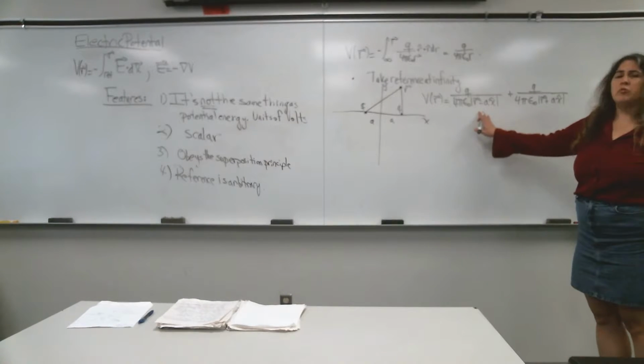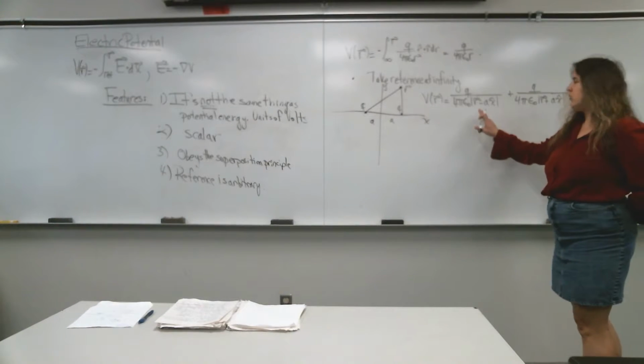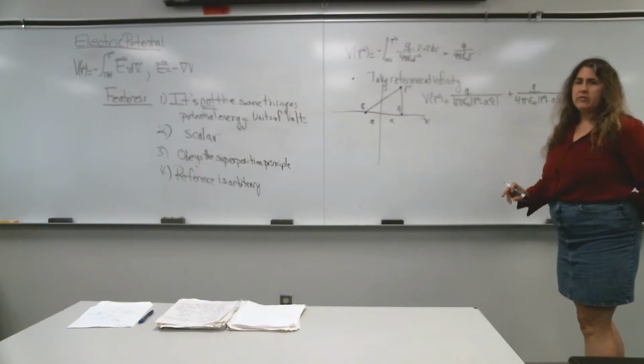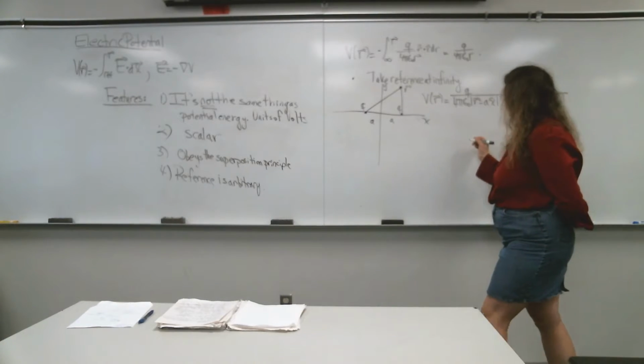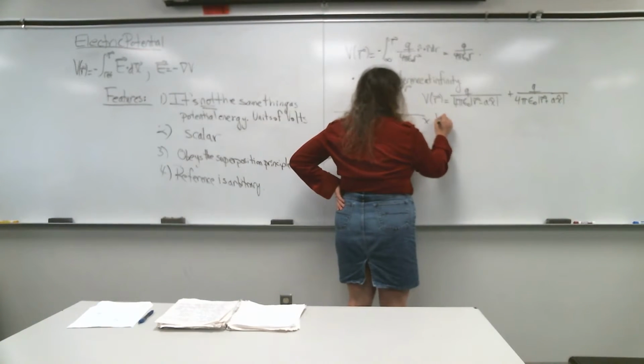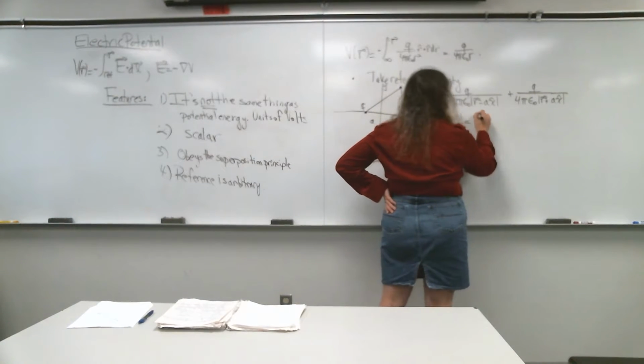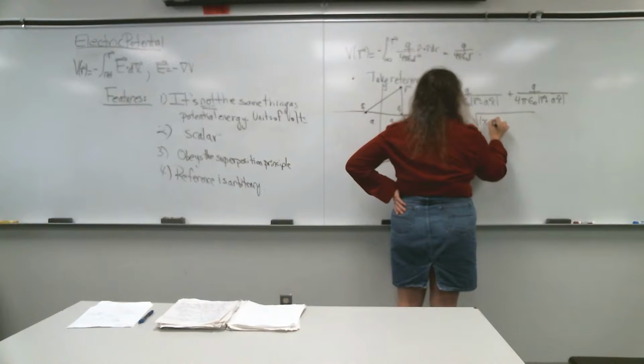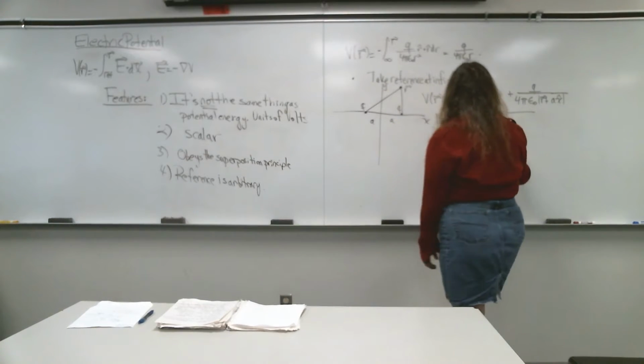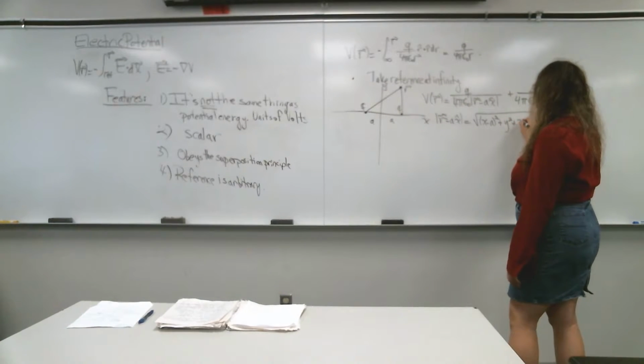If you're more comfortable writing this out in terms of the Cartesian coordinates rather than leaving this as an r, we can write this out. So the magnitude of r minus a x hat is equal to the square root of (x minus a) squared plus y squared plus z squared.